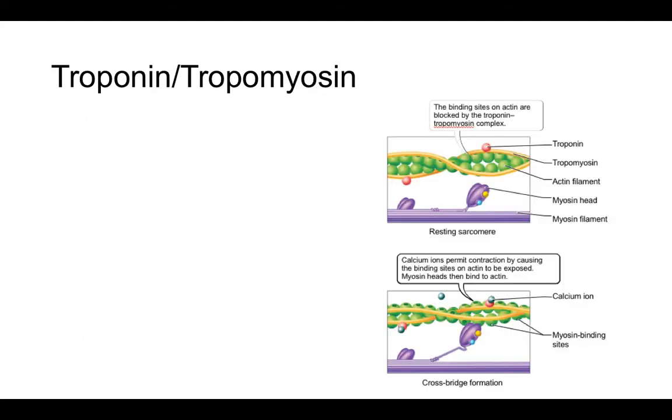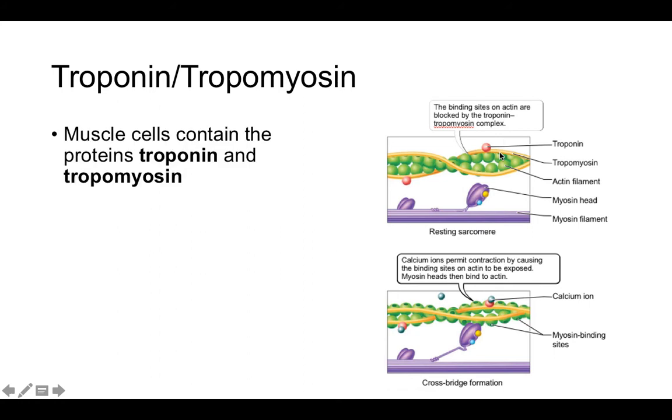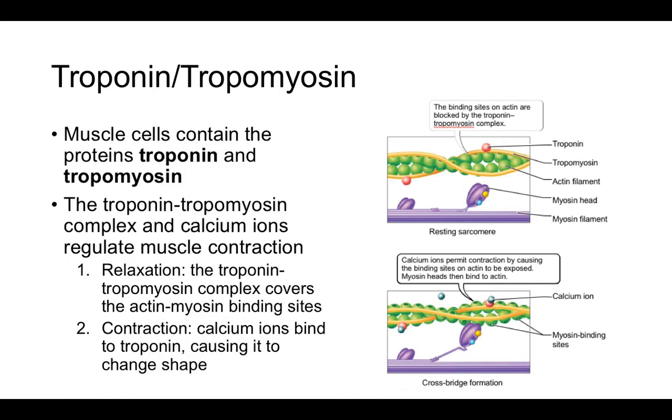So, troponin and tropomyosin. Now, this is on the actin filament. You can see the actin filament surrounded by 2 other proteins called troponin and tropomyosin. The troponin-tropomyosin complex and calcium ions work together to allow the contraction to happen. We've talked about in class how important calcium is. Calcium is released into the muscle cell by the sarcoplasmic reticulum, on the next slide.